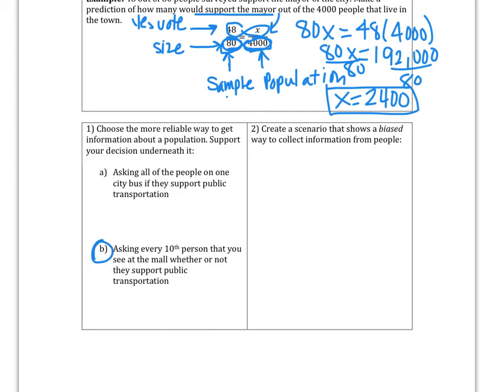So on A, you're only asking people that are on a city bus. And they obviously are going to support public transportation because they're taking it. But if you were to ask people at the mall, then you're going to get a more varied approach because they might have gotten to the mall many different ways. So it's going to be a more random sample.